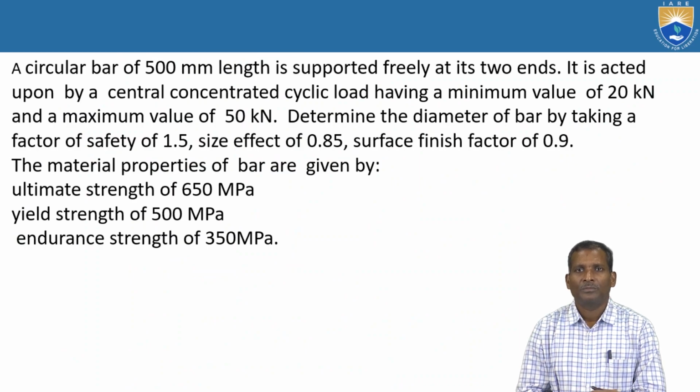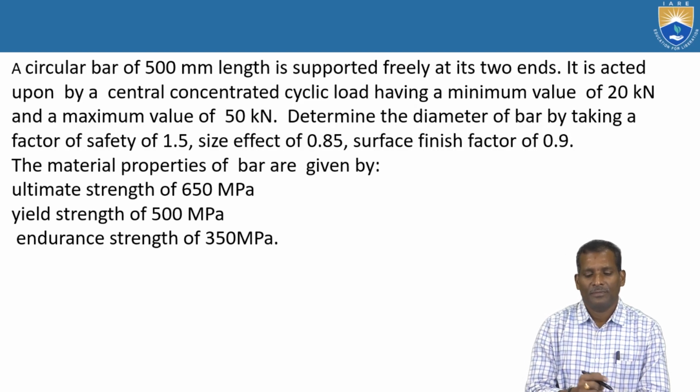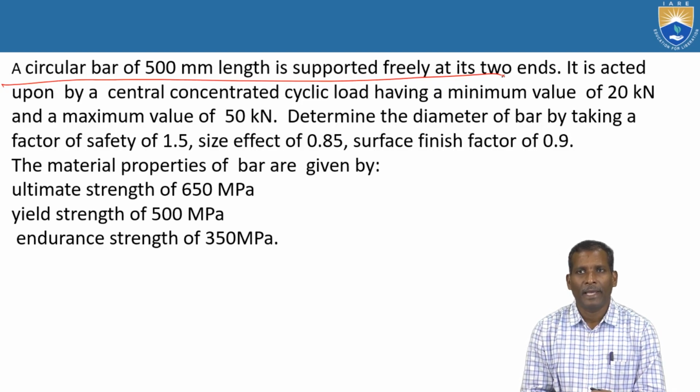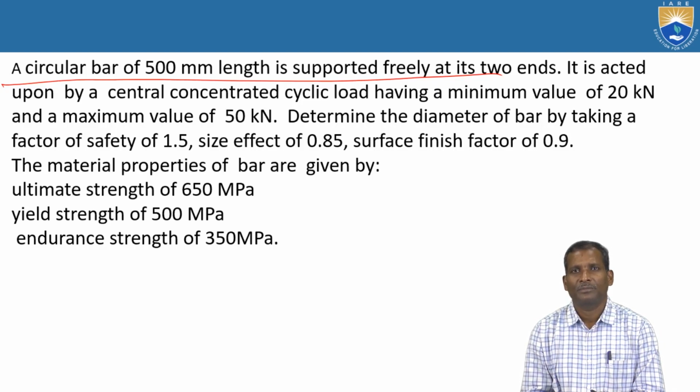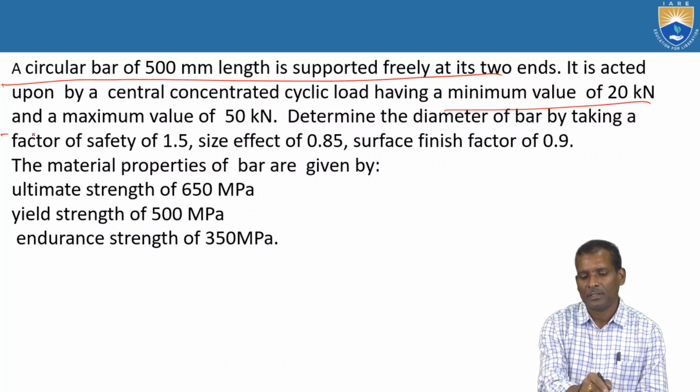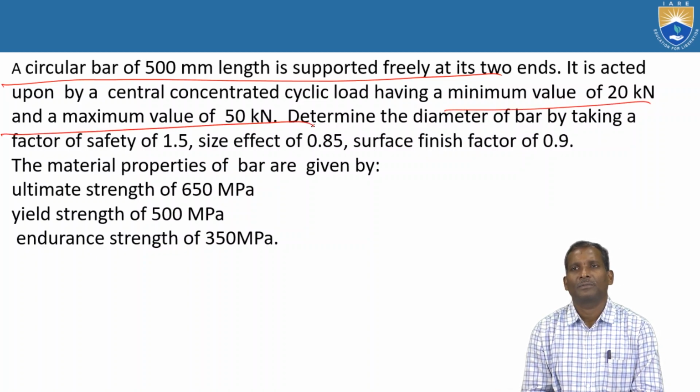And one more problem you will do. A circular bar of 500 mm length is supported freely at its two ends. It is acted upon by a center concentrated cyclic load, having a minimum value of 20 kilonewtons and a maximum value of 50 kilonewtons.